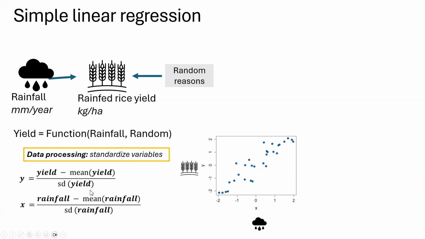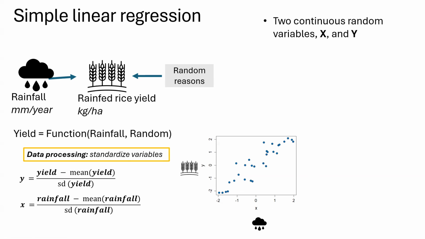So here, what I've done is some data processing that's fairly typical, centering the variable and dividing by standard deviation, so you get a common unitless scale. So that's why the scale looks like it does here.